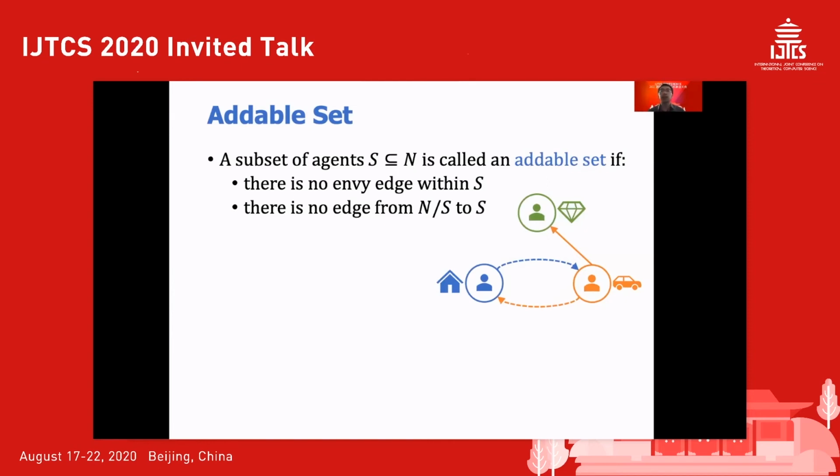And second, we require that there is no envy edge nor equality edge from anyone outside S towards this set S. If a subset of agents satisfies these two conditions, we call it an edible set. Again, in this example, the same envy graph, it's easy to check that the bottom two agents, the blue agent and the orange agent, together form an edible set.